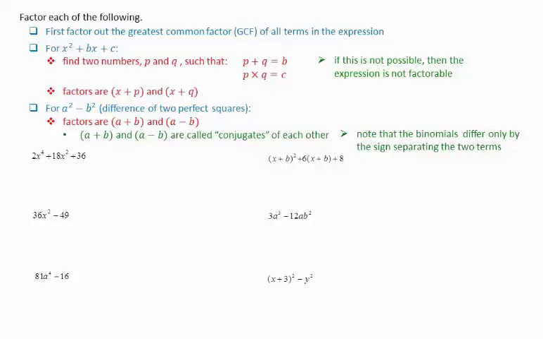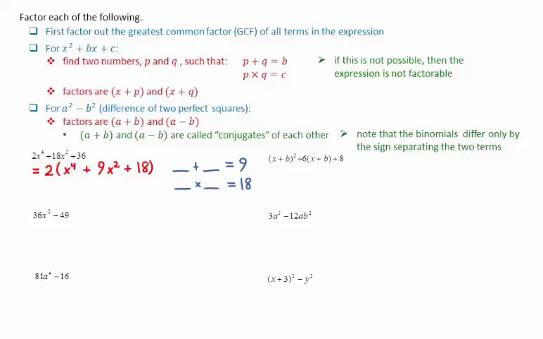For the first question, we first have to factor a 2 out of the entire expression. When we do this, we're left with x to the 4 plus 9x squared plus 18. We are then looking for two numbers that add to give 9 and multiply to give 18.